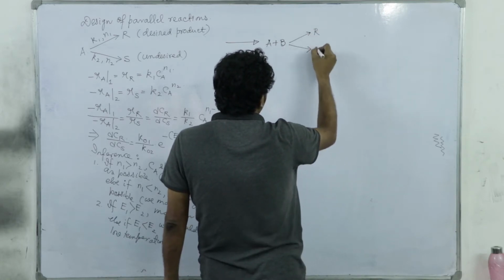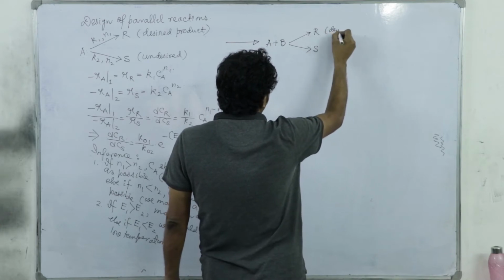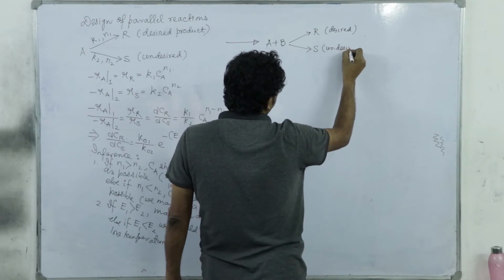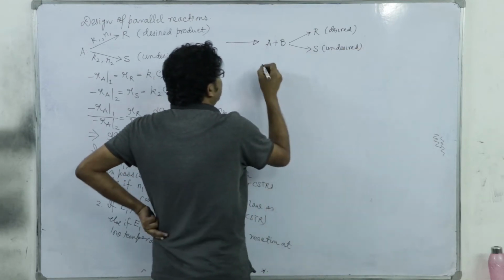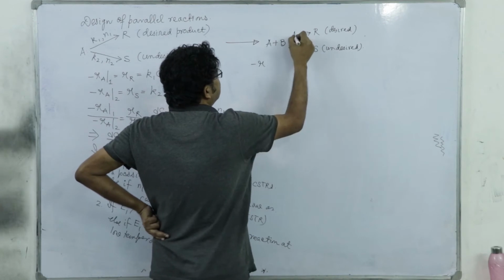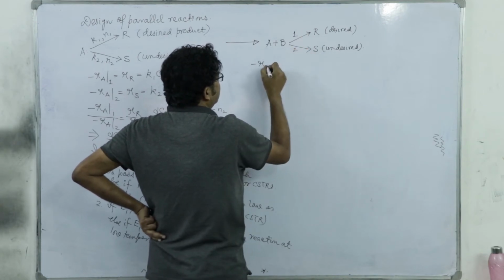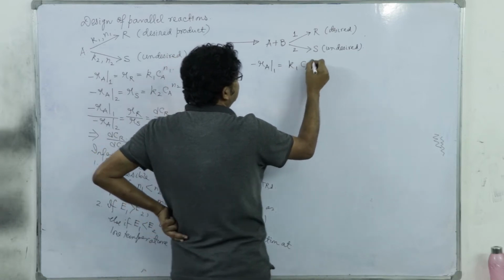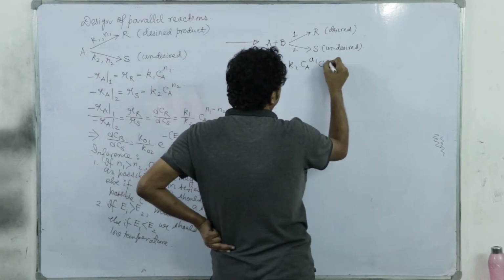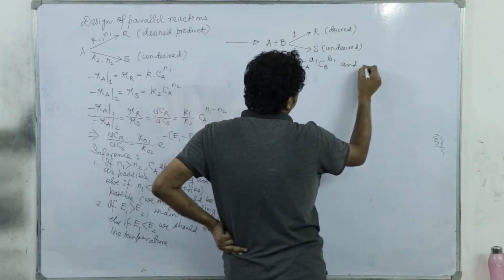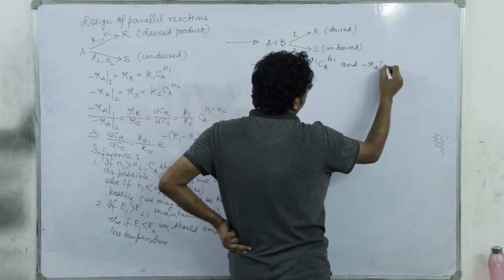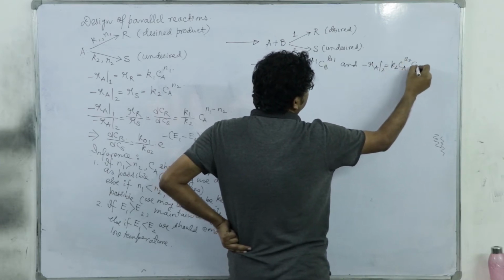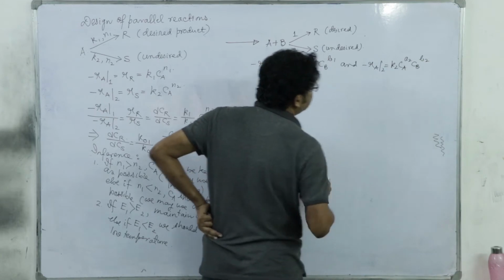A plus B giving R, and giving S; R is the desired product, S is undesired. This is pathway 1, this is pathway 2. So minus rA1 is K1 Ca to the power a1 Cb to the power b1, and minus rA2 is K2 Ca to the power a2 Cb to the power b2.